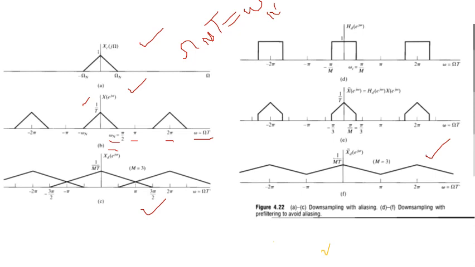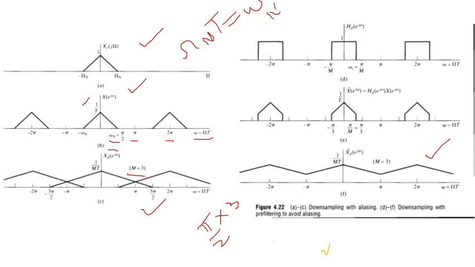The spacings are equal. Now what we have done is compress it with a factor of 3. Once we compress it with a factor of 3, our spectrum will expand. So the point which was initially at pi by 2, we have to expand it. Obviously we have to stretch it, and in order to stretch it, we have to multiply it with 3.